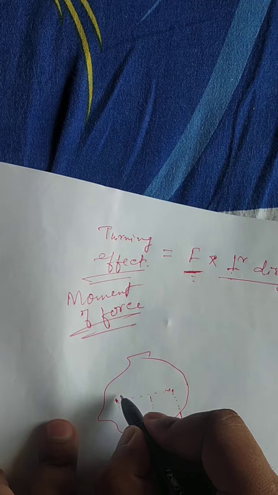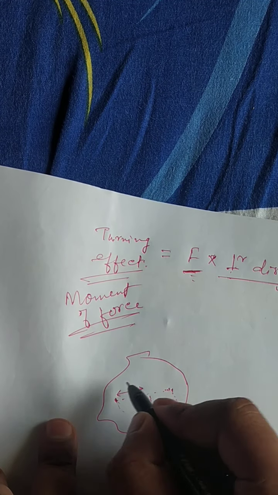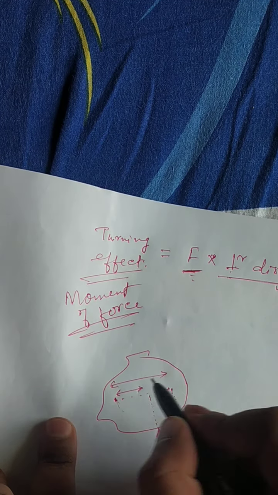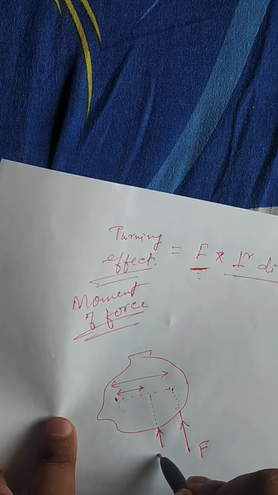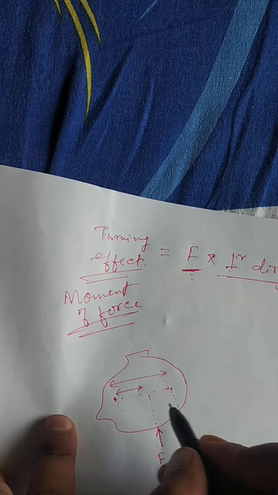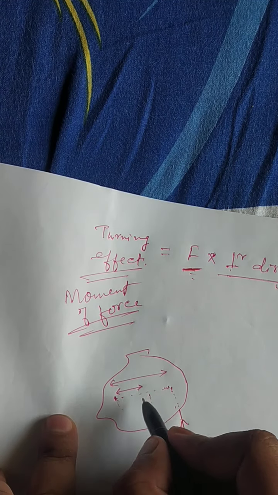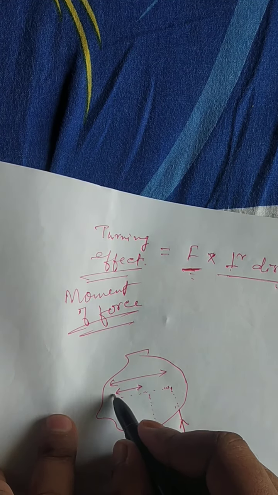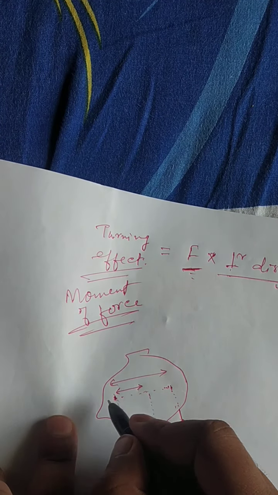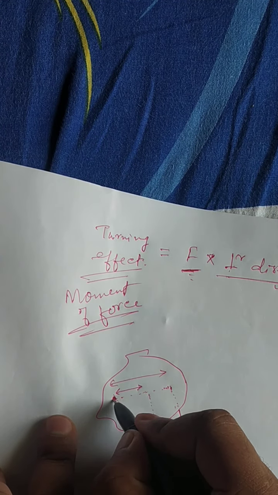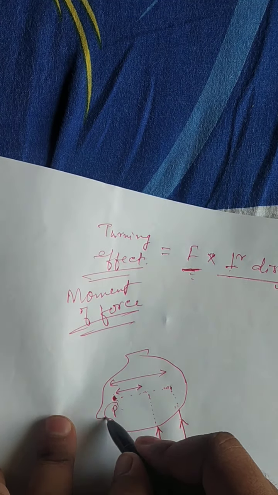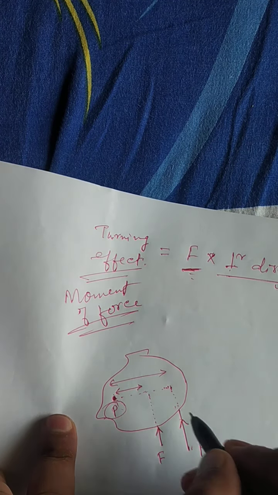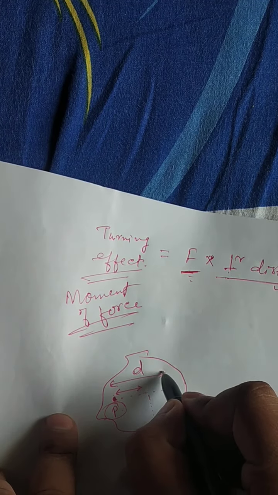Now look at the distance, this one distance and this one distance. Here force applied, here also force applied. But if you apply force here, the distance will reduce; here the distance is increased, maximum distance. So this is the force, this is the pivot point P or O, and this is called the distance.